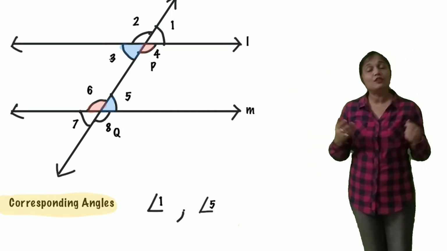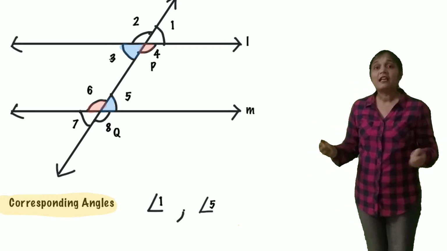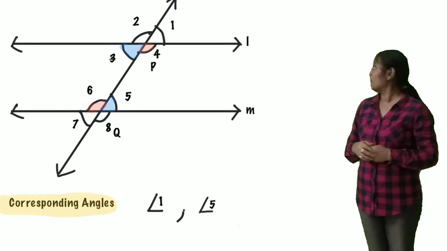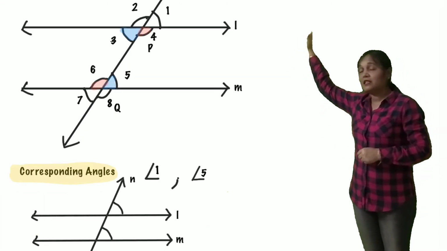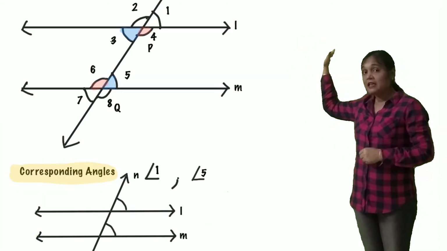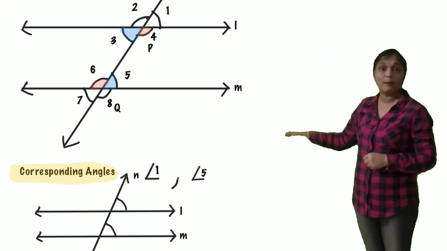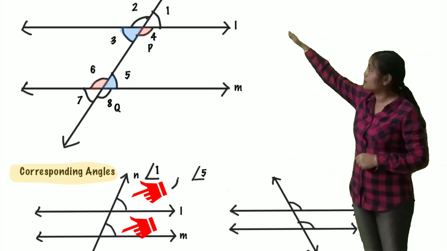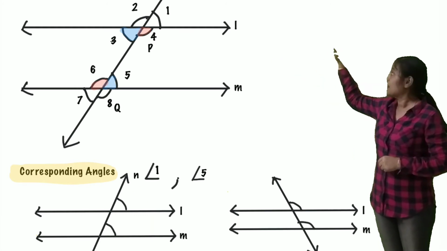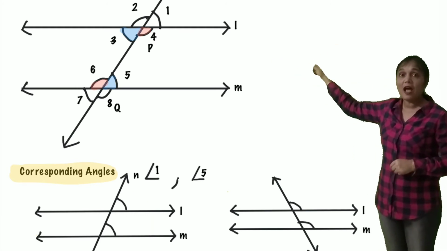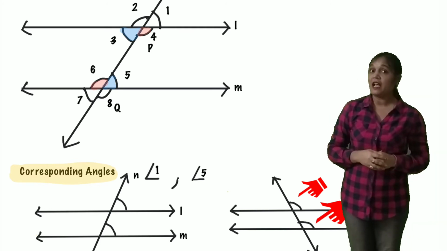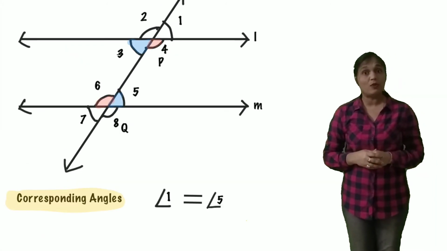No matter how the transversal is placed, these two angles will always be equal. If we move the transversal towards the right, still these two angles will be equal. And if we move this transversal towards the left, even then these two angles will always be equal. So corresponding angles are always equal.